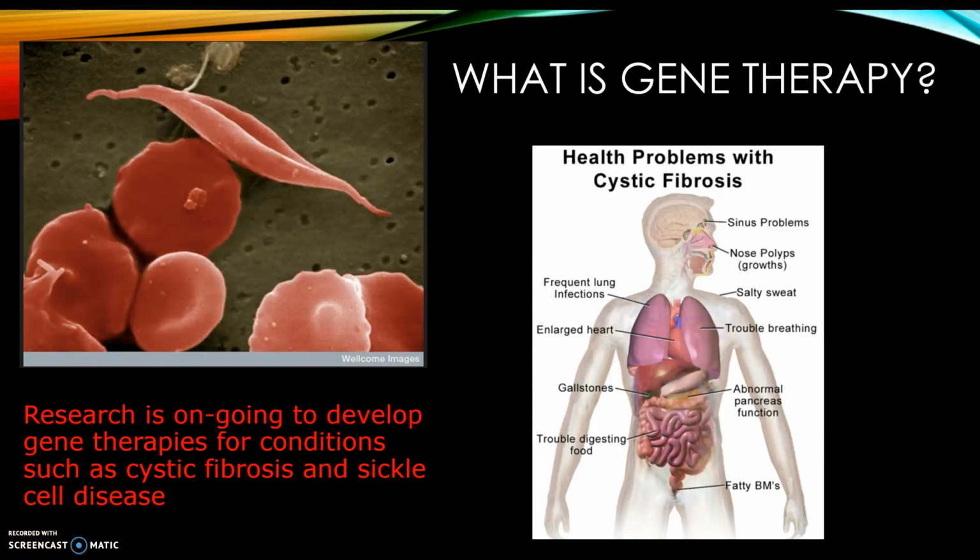Okay, so what is gene therapy in the first place? Gene therapy is a genetic technology used to directly treat genetic causes of disease. It's kind of been an aspiration for physicians, scientists, and patients for a long time. Some diseases like cystic fibrosis and sickle cell anemia are relatively well understood and caused by variants in single genes.